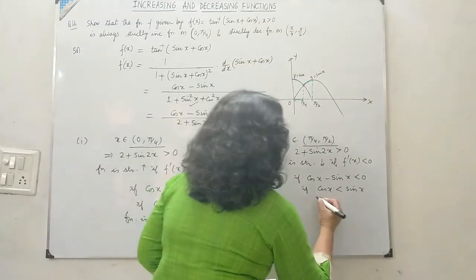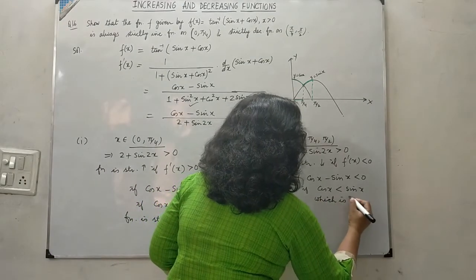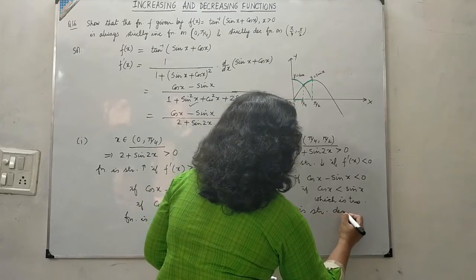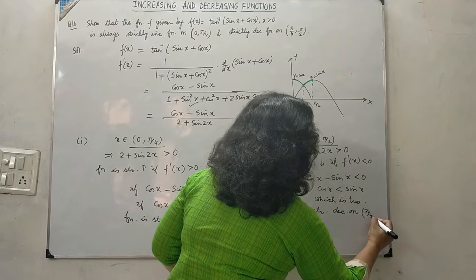So this is again satisfied, and therefore the function is strictly decreasing on pi by 4 to pi by 2.